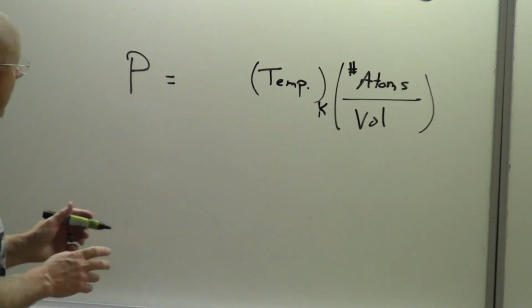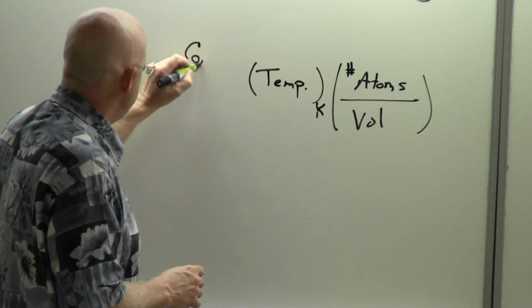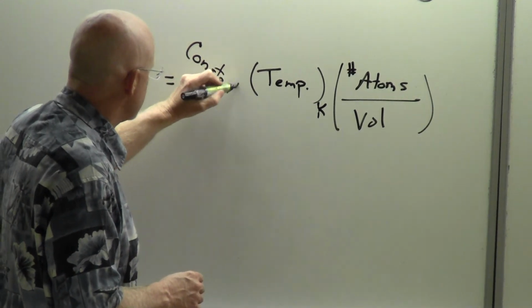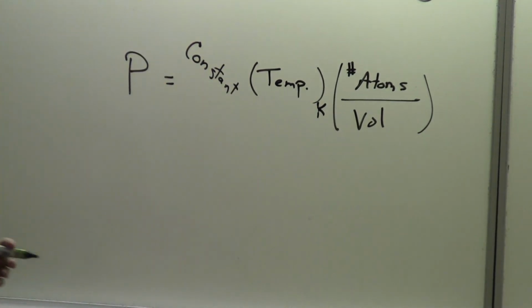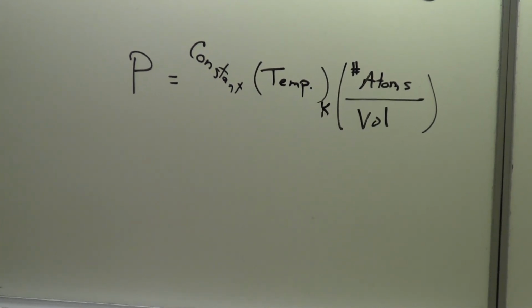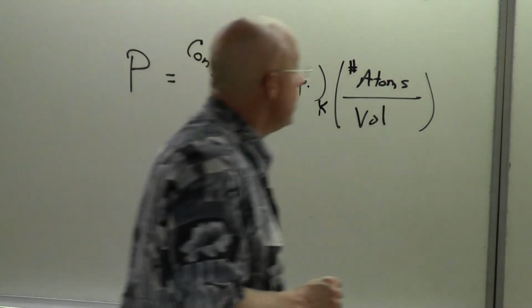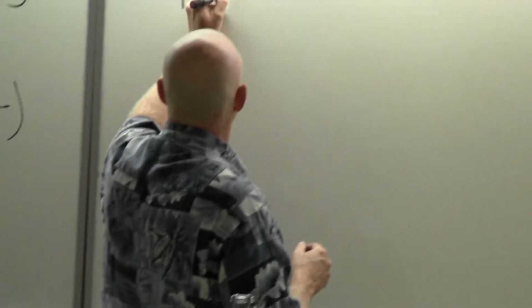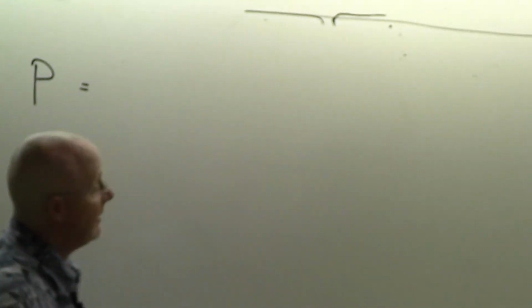Now, to make them equal, there would be some multiplication constant. In math class, we would call this a proportionality constant. If I put this in symbols, some of you are probably beginning to recognize this from a high school chemistry class or a chemistry class you took already here at City College.